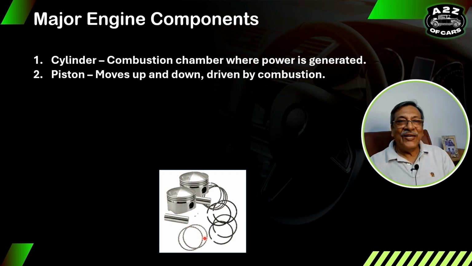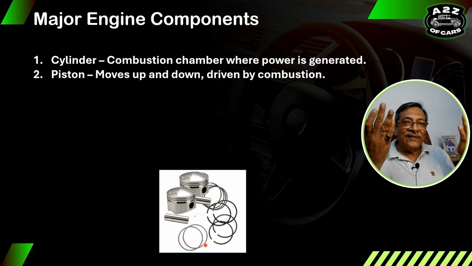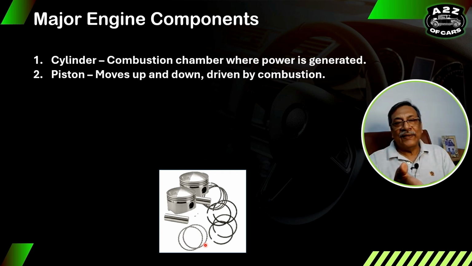You can see the shape of these rings is different, right? But these are normal rings with cut. So these cuts are actually for oil to come up, and the oil ring actually spreads the oil. They lubricate the cylinder, so that the friction is reduced and the wear and tear goes down.